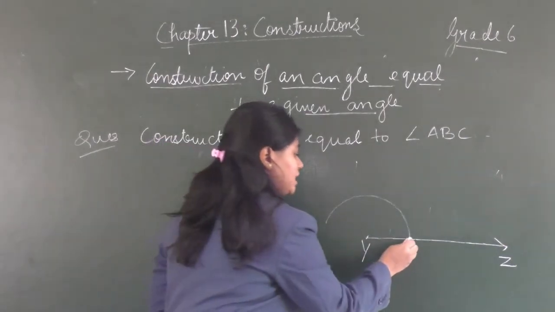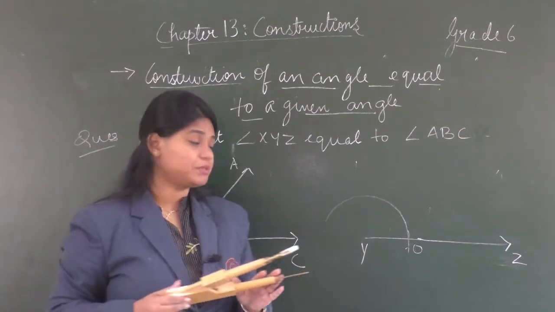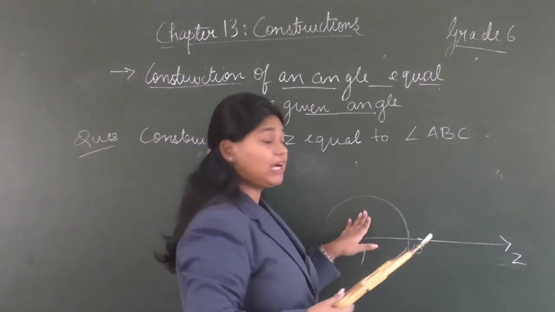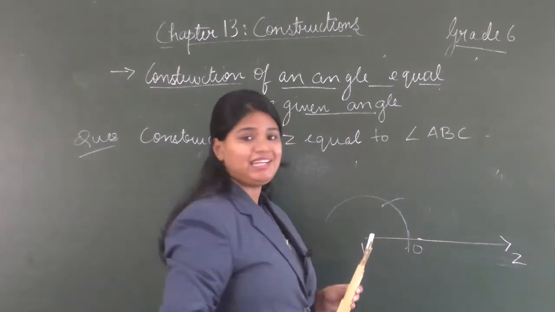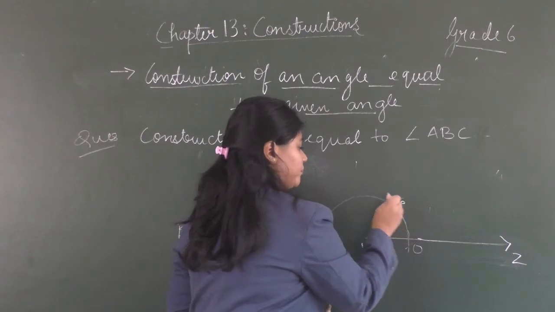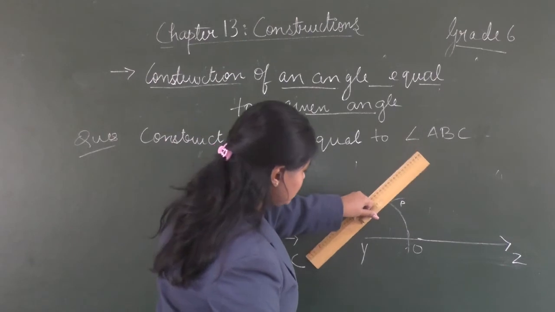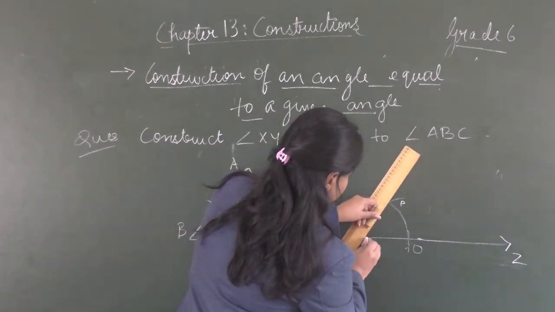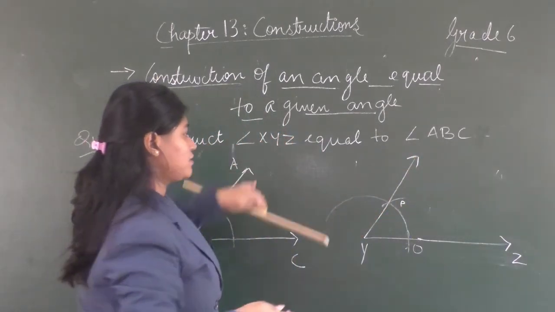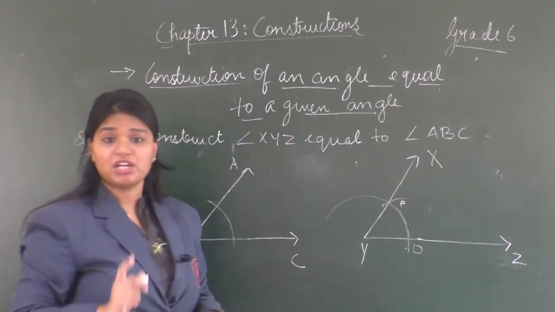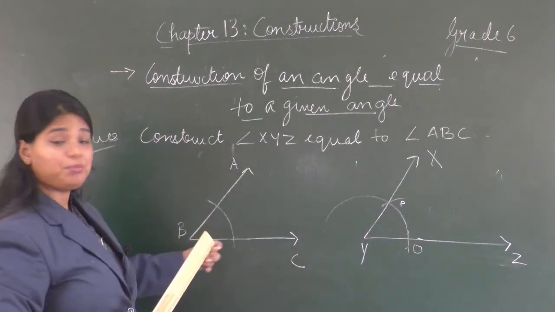Let's name this point as O. Now with the same measurement, place the compass needle on point O and cut the arc YZ. And name this as P. Now join point Y and P and extend it. And name this as X. So here we have constructed angle XYZ equal to angle ABC.